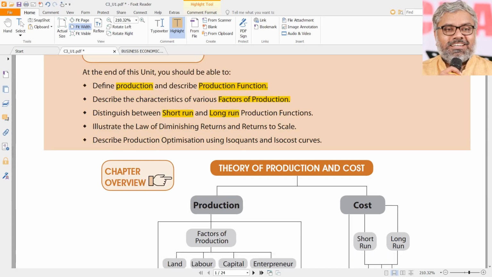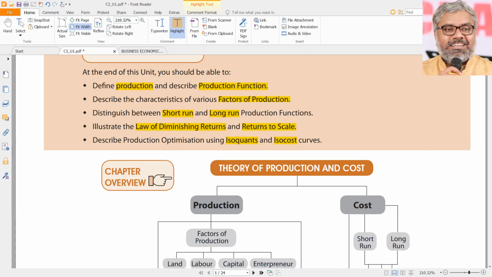Then the real production theory starts, which has broadly two types of theories. One is the law of diminishing returns and the law of returns to scale. And in the process, we will use certain graphs also called isoquant and isocost curves. Isoquant means same quantity. Isocost means same cost.